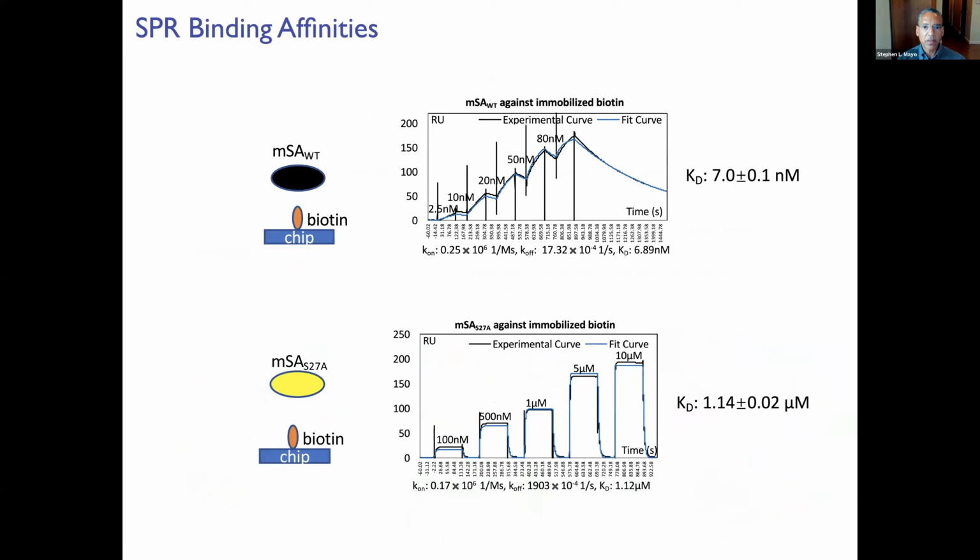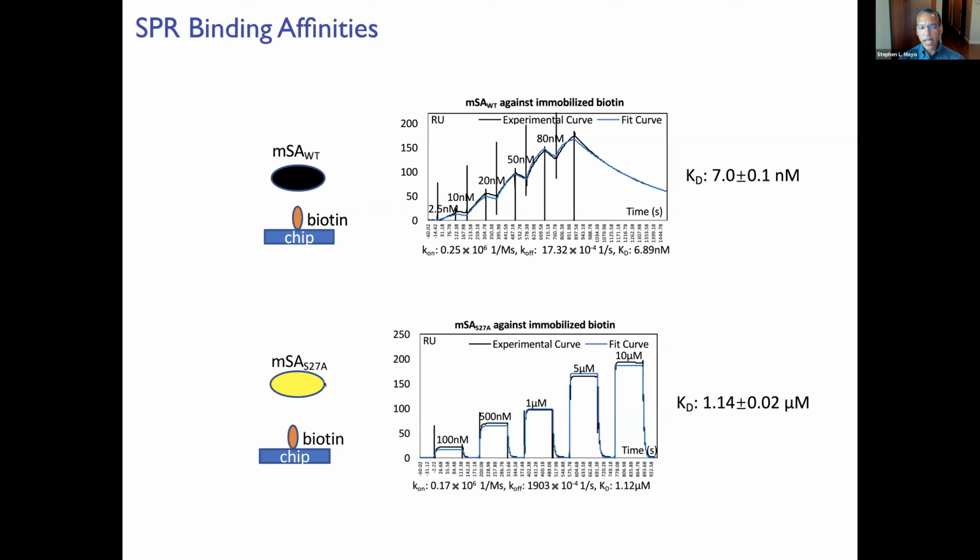Okay, so experimental validation. We're using surface plasmon resonance, SPR, to measure the binding in the system. The wild type monomeric streptavidin binds to biotin immobilized on a chip with a KD of 7 nanomolar, which is consistent with previously reported values.